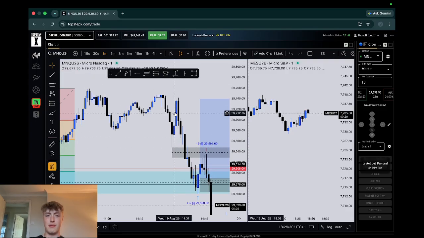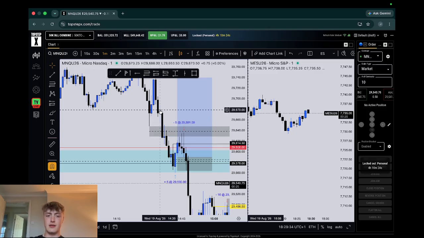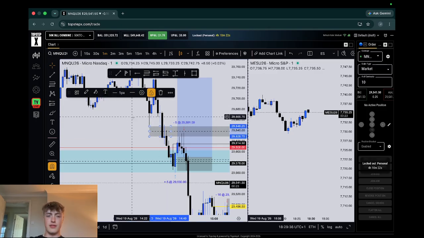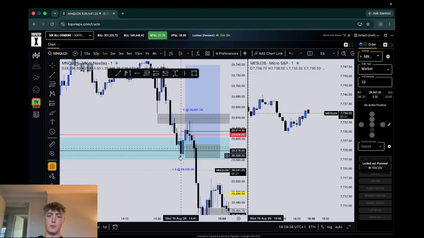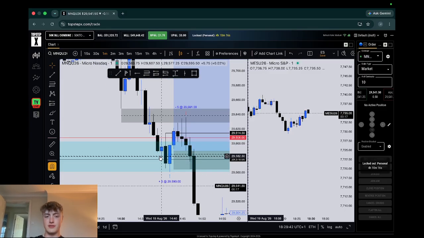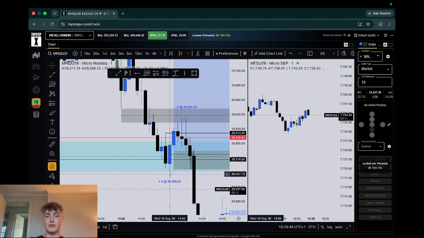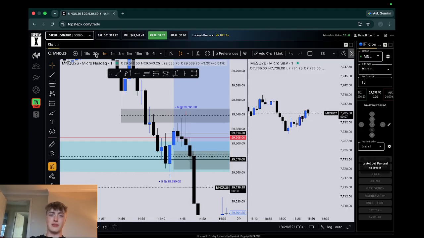Manipulated down, back up, equalized this range, and then took us down to this 15-minute gap. And we initially saw a reaction off of the 709, which is this middle line here. We manipulated up, didn't inverse this gap, and then proceeded to make an internal SMT, wicking out the 79% extension.